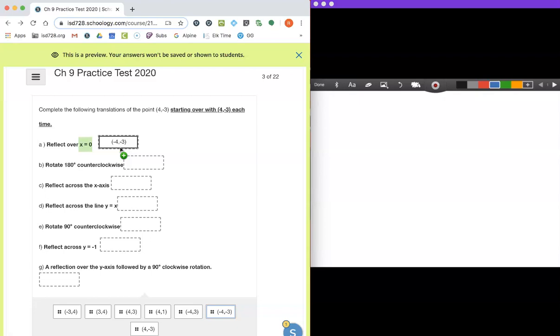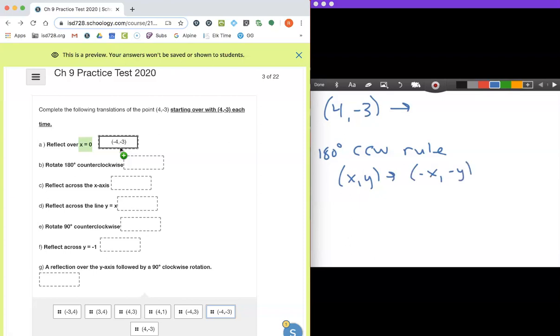I'm just going to remind myself, I'm always starting with the point (4, -3). This one I'm going to rotate 180 degrees. It does say counterclockwise, but 180 is the same counterclockwise and clockwise, so there's no way to mess that up here. With the rule, any (x, y) is going to turn into the opposite of x and then the opposite of y.